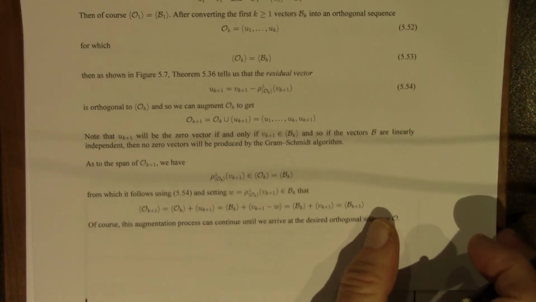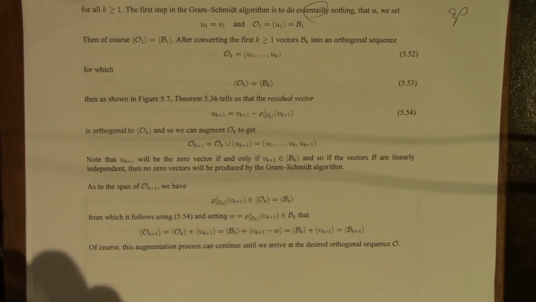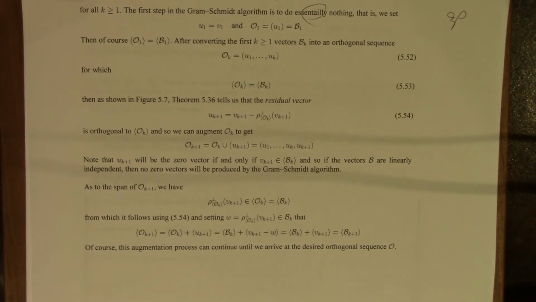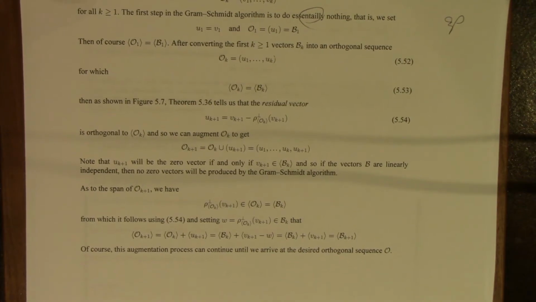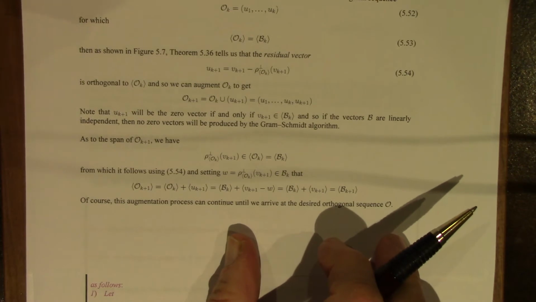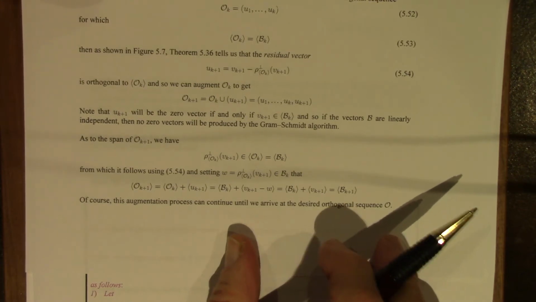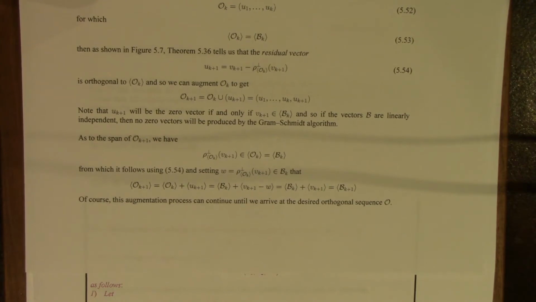So if the vectors in B, the original vectors, are linearly independent, no zero vectors will be produced by the Gram-Schmidt algorithm. So we don't have to cast anything out in order to produce an orthonormal sequence. We just normalize the vectors.